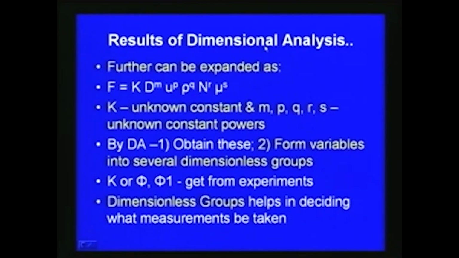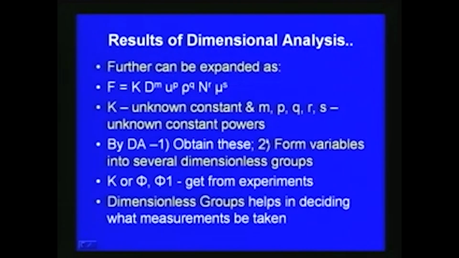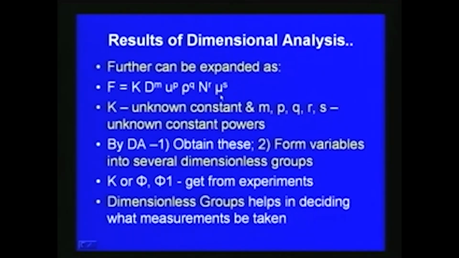For this particular case of force on a propeller blade, we write F equal to a constant k multiplied by d to the power m, u to the power p, rho to the power q, n to the power r, mu to the power s. Here F is the force, d is the diameter, u is the velocity, rho is the density, n is the revolutions per second, and mu is the viscosity.